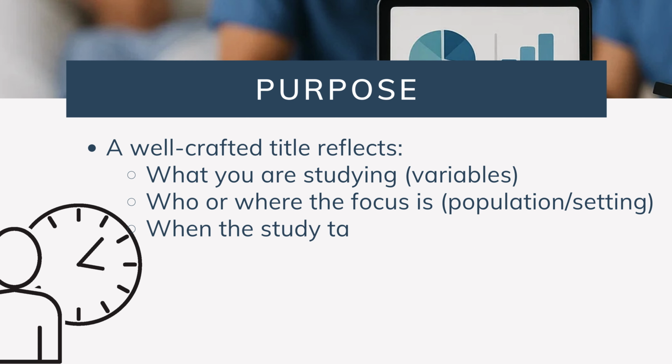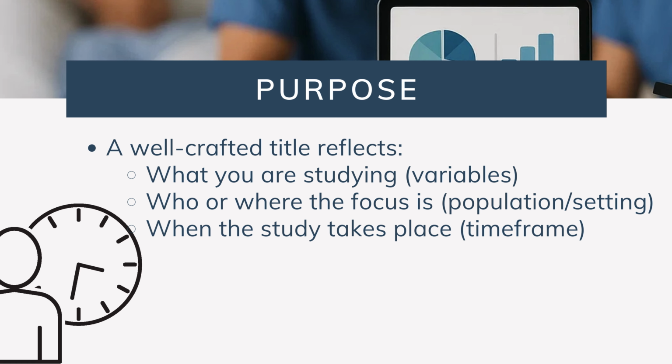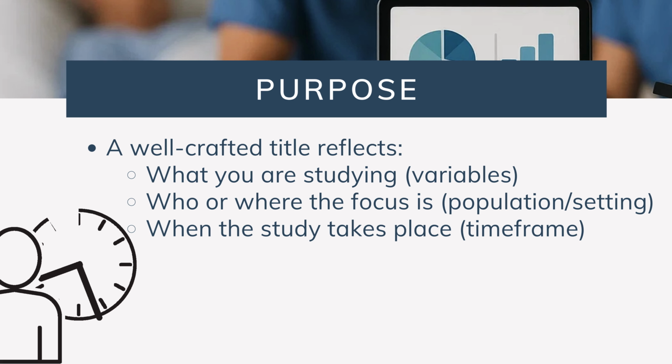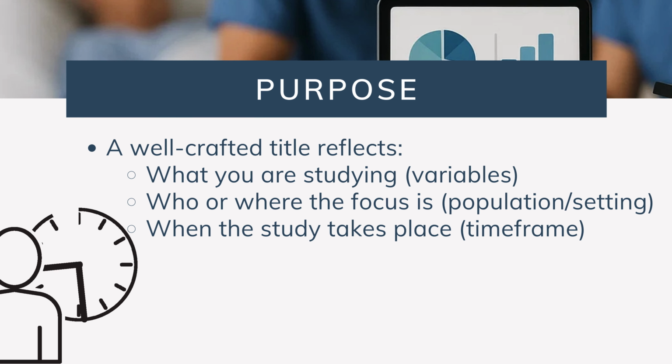Another important part of the title is the time frame. Including the academic year or period of data collection helps situate your research historically. This is especially important for studies with possible time-sensitive variables, like behavior during a specific situation or compliance in a specific academic year.